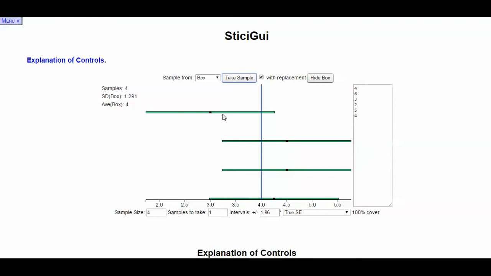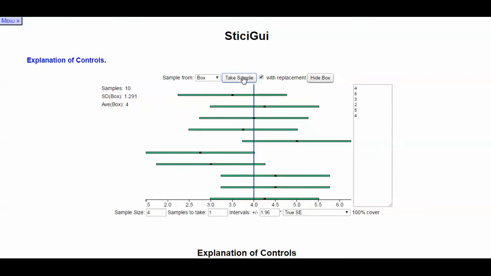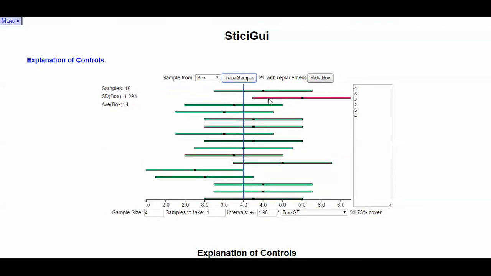But all confidence intervals so far have captured the population mean. So this is sample 1, sample 2, sample 3, sample 4. All 4 samples have had a confidence interval that crossed over the population mean. And if you keep going, you can repeat the study again and again with different samples. And eventually you'll get a confidence interval that doesn't include the population mean, because the sample mean will be too far up here or too far down here.